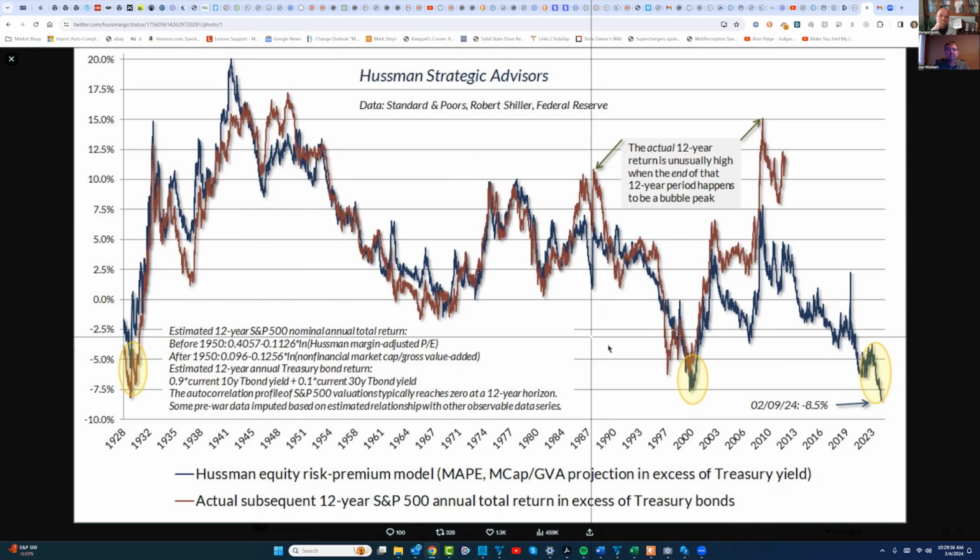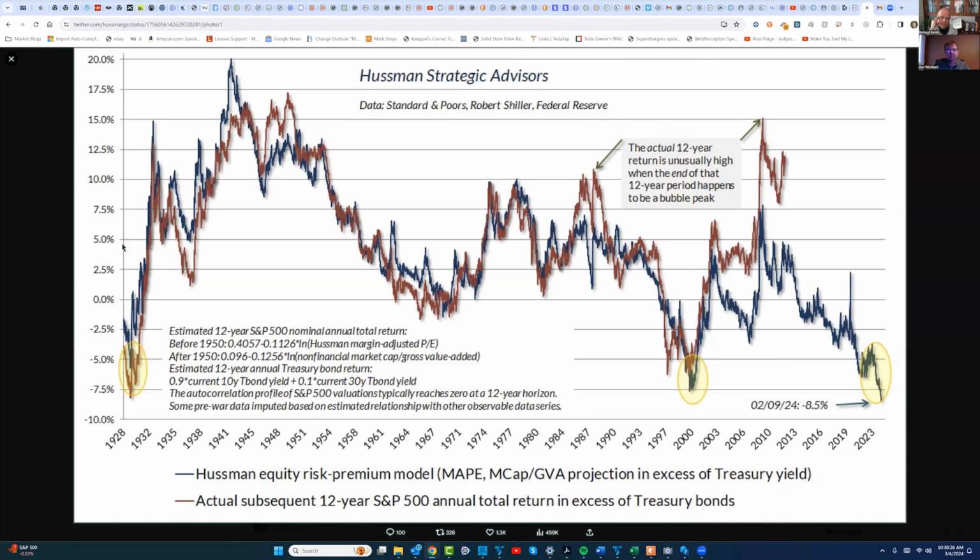Now, here's the important thing, and this is what he talks about. I'll bring my mouse back without the vertical cursor. This is where we are as of February 9th of 2024. And this predicted total return for the market is based on, I'm not going to go into the explanation. If any of you want the total explanation of how he calculates this, you can go to Hussman's website.